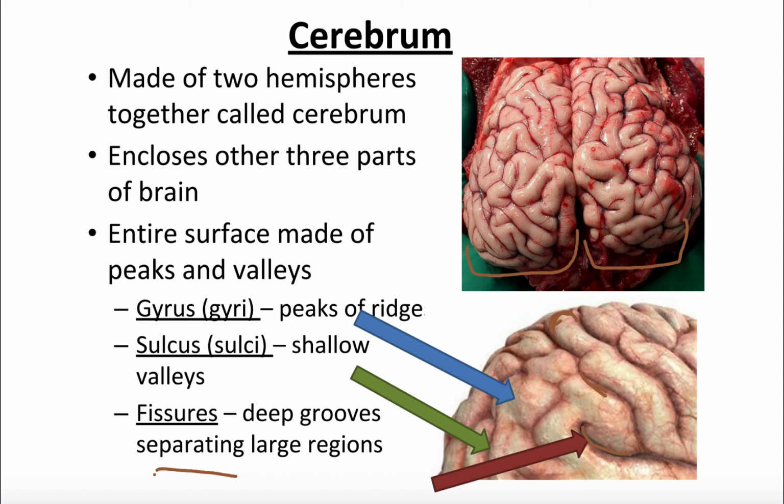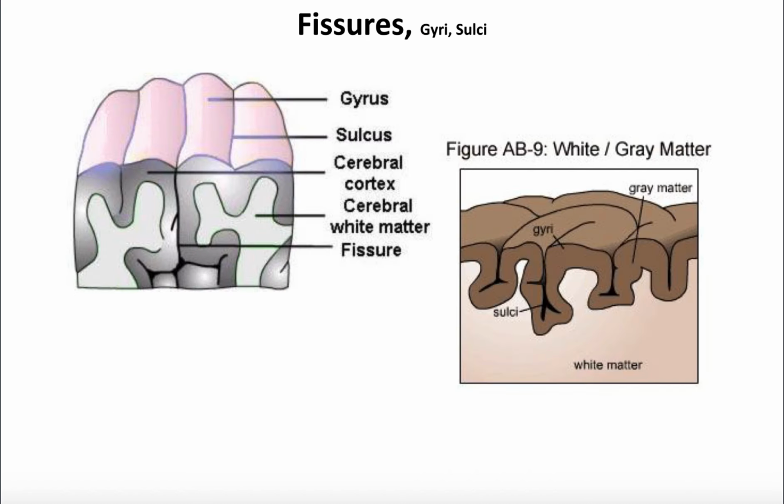If I look at this image here, most of these wrinkles are what I would call sulcus. But then you see over here, there's this really deep wrinkle, and that would be more of a fissure. They're really hard to identify, though, honestly. So in terms of our class, there'll only be a few key ones that you need to recognize. Here's an image of it.